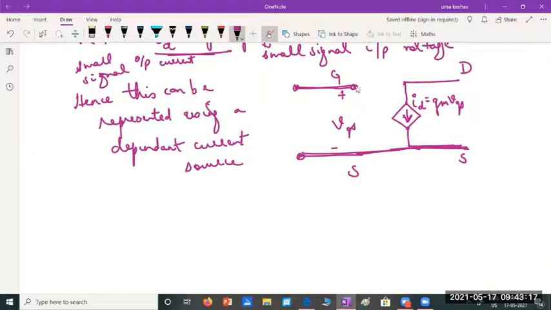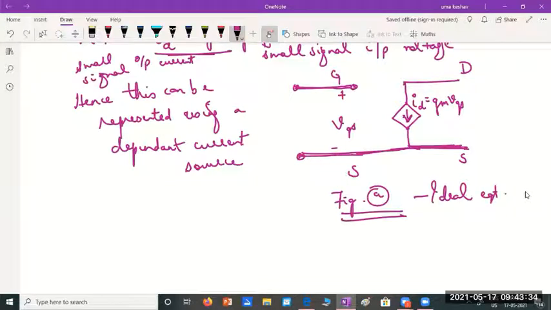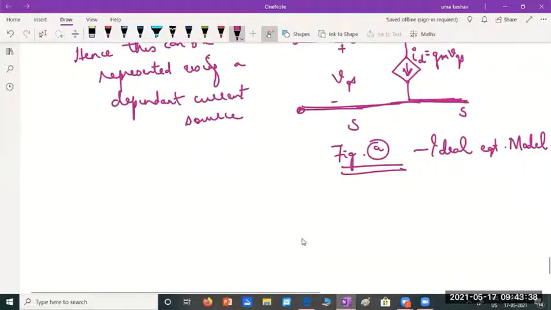So infinite resistance here is indicated by the open circuit. So this is one form of the model. Let me call it figure A. This I can say is the ideal equivalent model for the MOSFET in small signal operation.